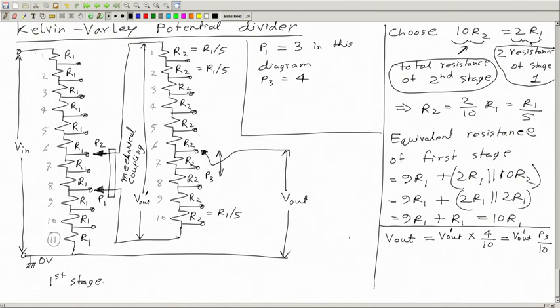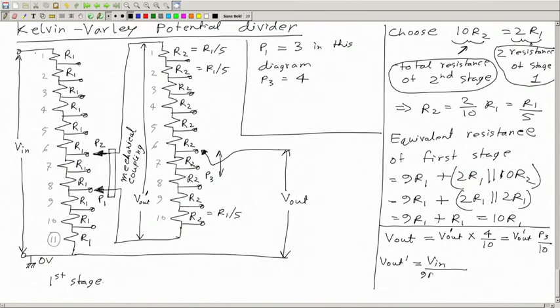Now, how much is V out prime? This will be the voltage drop across these two terminals. So V out prime is therefore V in, the total voltage, divided by this total resistance. Total resistance is how much?